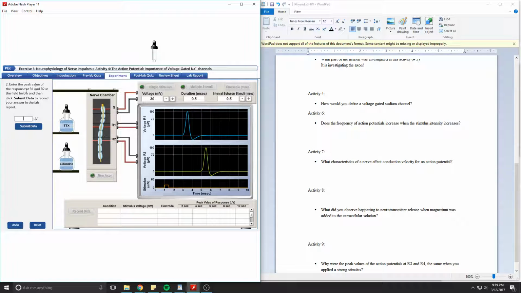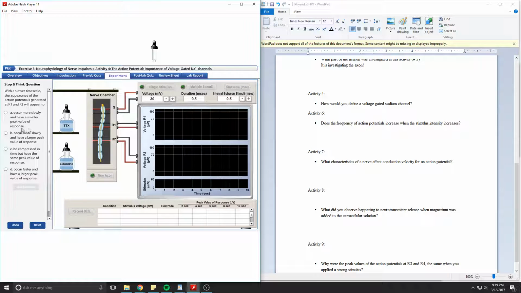Enter the peak values of the response in R1 and R2 in the field below, and then click submit data. It's 100. Click timescale on the simulator to change the timescale.